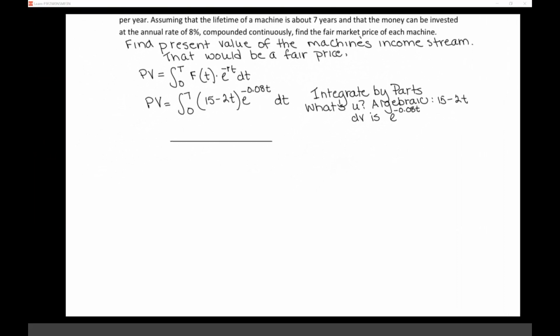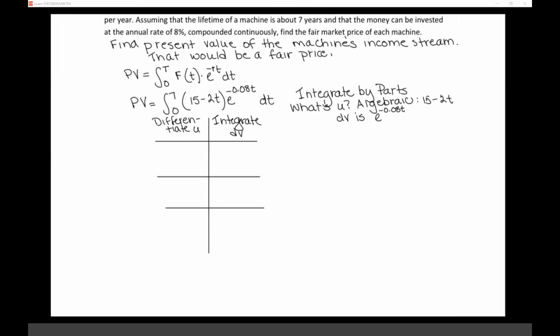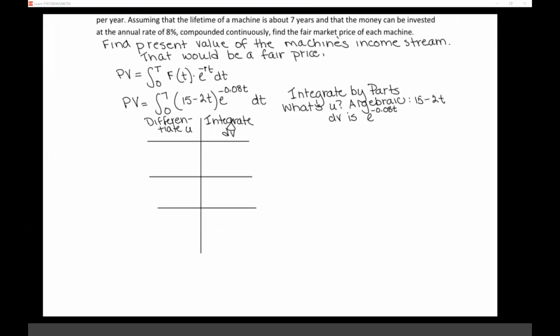Then I build my table. Remember, we did this in a tabular way. I'm going to say, here's differentiate u, and integrate dv. Then I put my things in the respective columns.